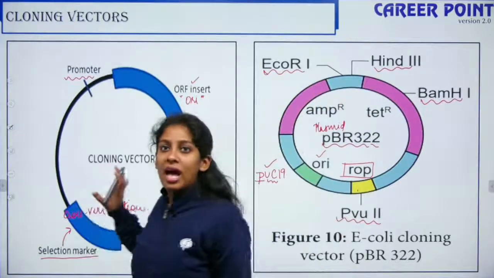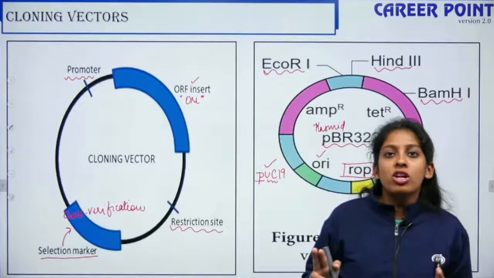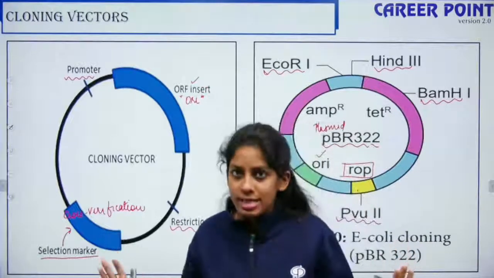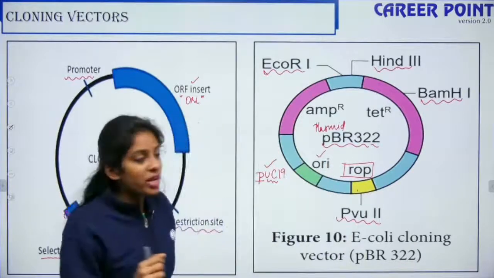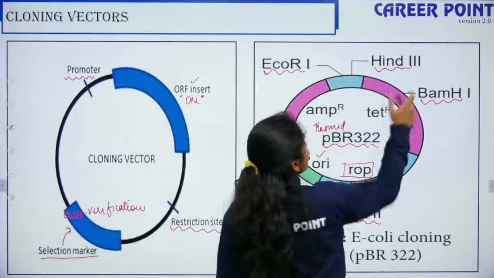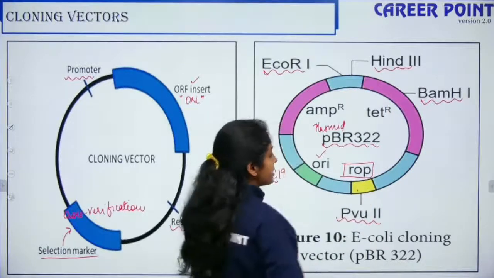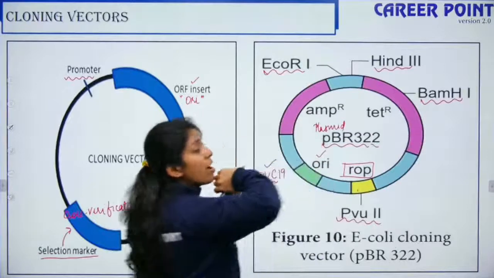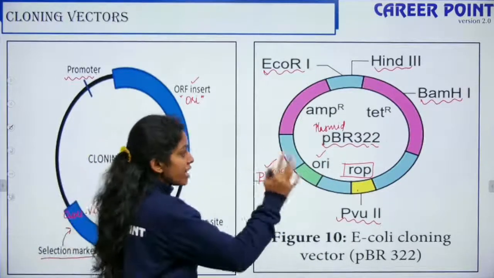A vector should have restriction sites, right? Only then can I use my molecular scissors to cut open the plasmid. So if I am using this plasmid pBR322, I have various options. I can use the PvuII enzyme, BamHI enzyme, HindIII enzyme or EcoRI enzyme, right? So I have many options.